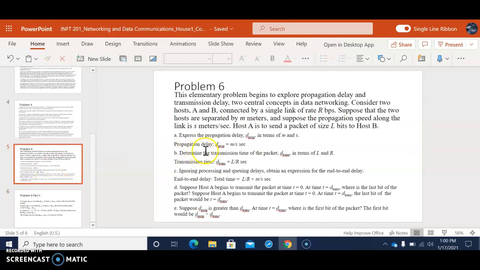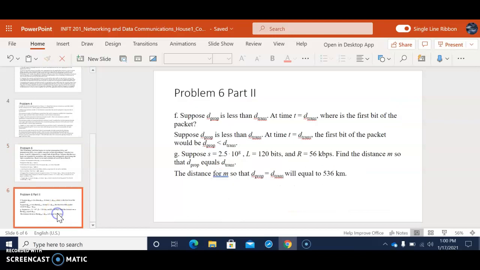So dprop will be m over s seconds, and dtrans will be L over R seconds. Then here they're giving us how we could solve it, and we're trying to find m, which would be in the dprop section.